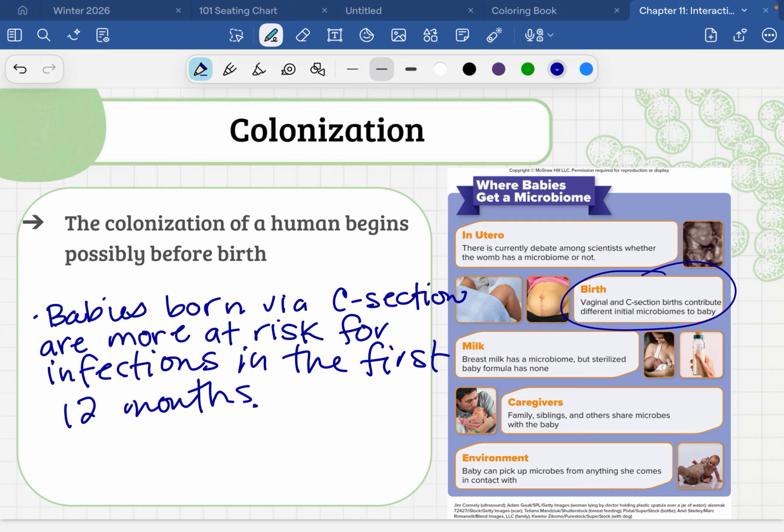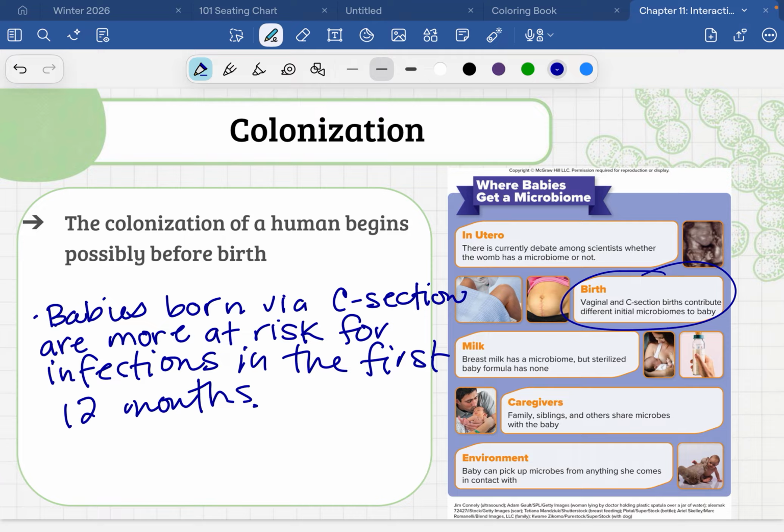Because babies born via C-section are cut out of the uterus abdominally. Where do they not go? They don't go through the vagina. So they miss all of that bacteria that is in the vaginal tract.